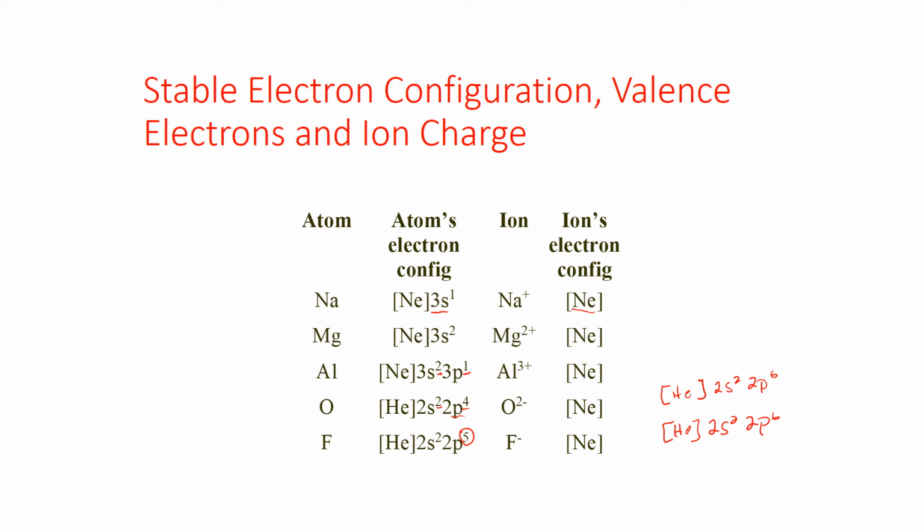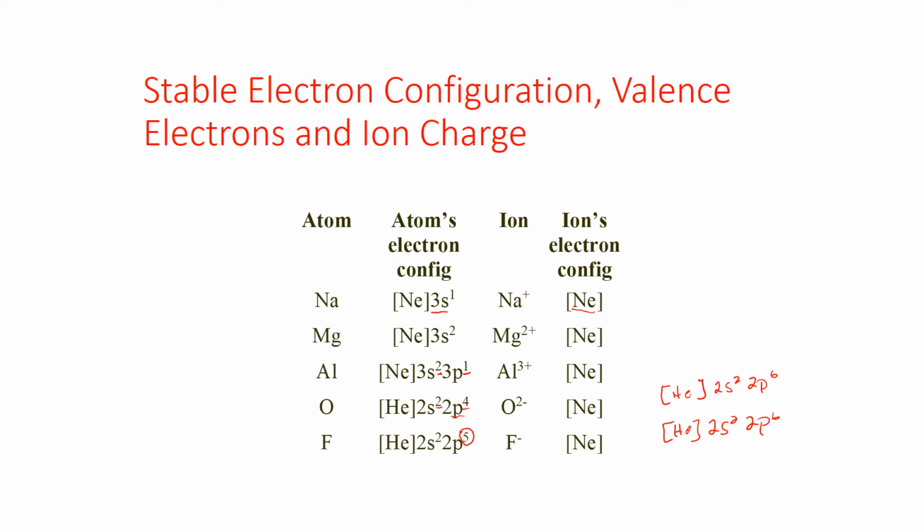They already have a full S and P sublevel. Atoms tend to react, to lose or gain electrons, or, as we'll see in the next unit, to share electrons so that they can gain a full set of S and P electrons, a full set of valence electrons for their outermost energy level.